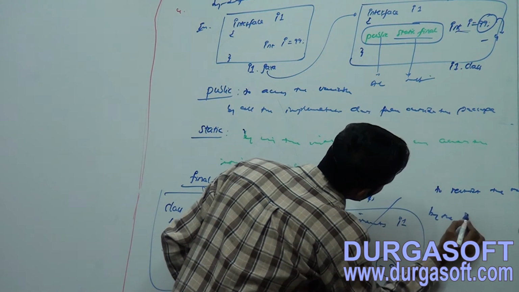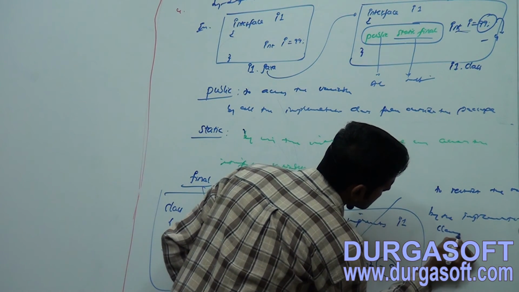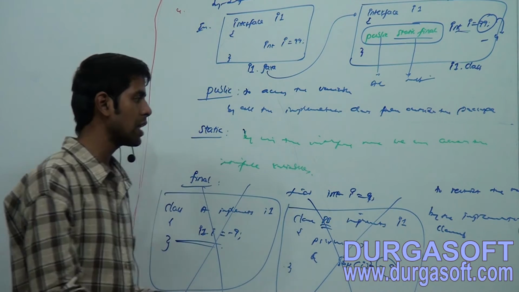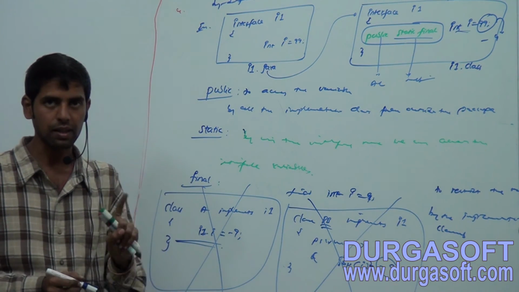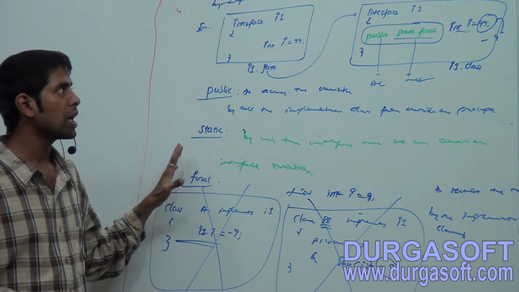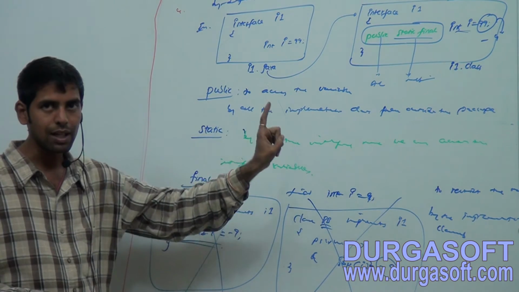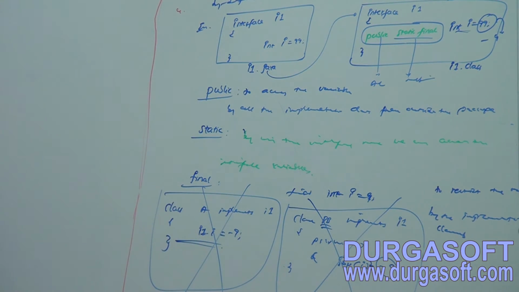To restrict the modifications by the implementation classes. That is the main intention of making an interface variable final.